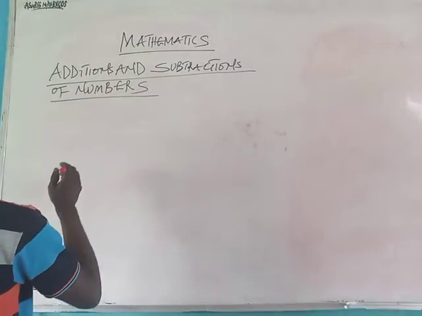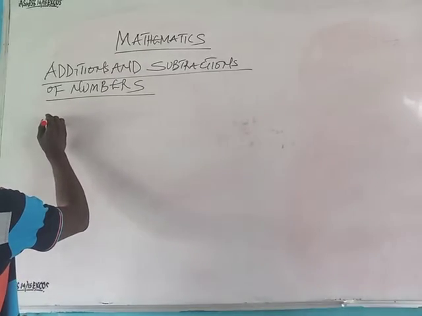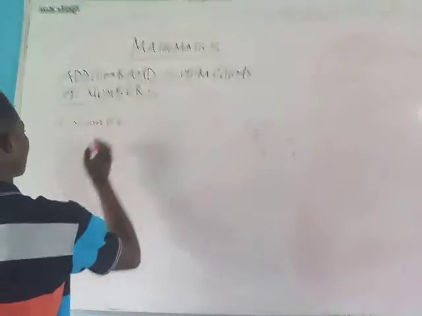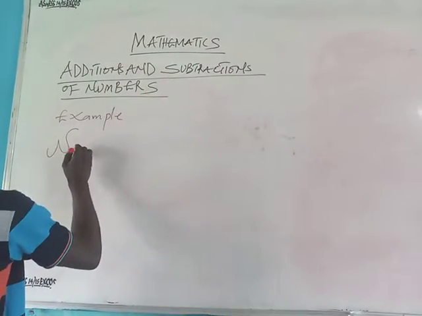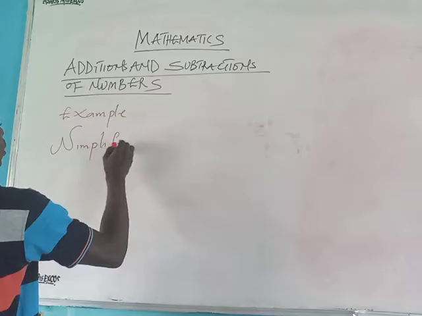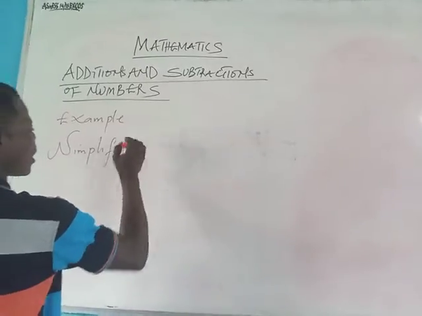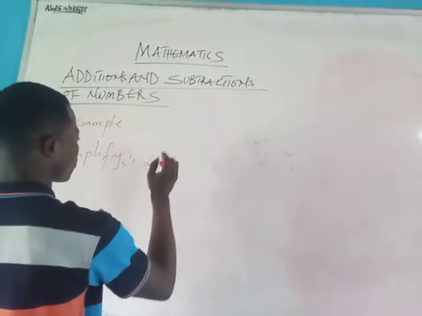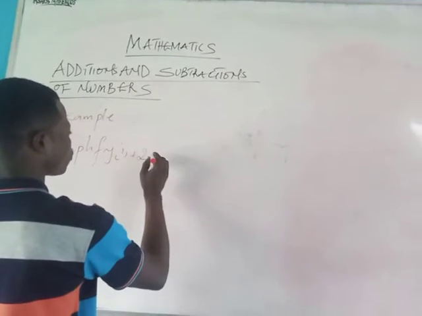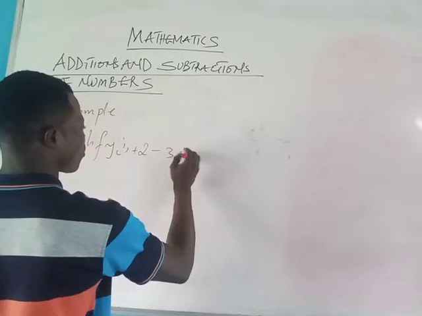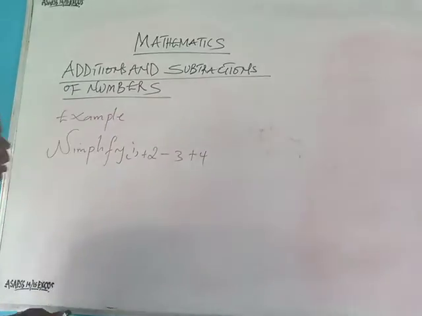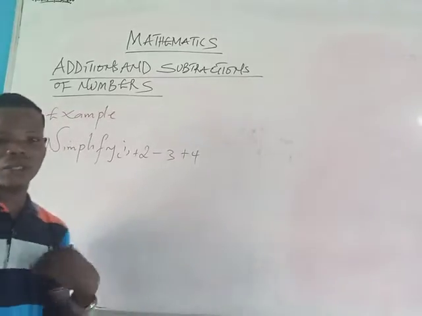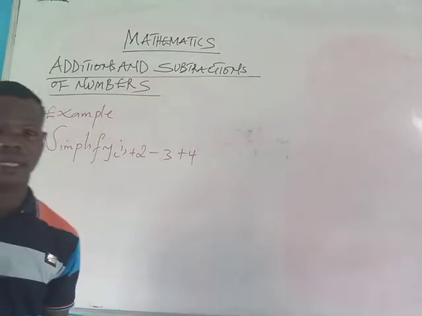Actually, when we have, for example, simplify, let's say we have 2 plus 2 minus 3 plus 4. This is referred to as addition and subtraction of numbers.